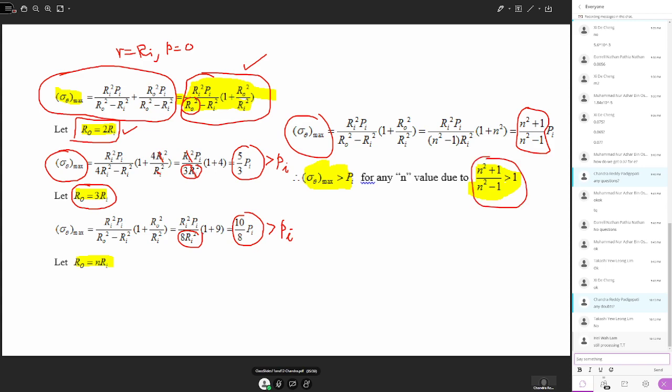Therefore, whatever the outer radius, the maximum tangential stress will always be greater than Pi, the inner pressure. It is impossible to build a thick cylinder that reduces the maximum tangential stress below the inner pressure of the cylinder. It is not possible theoretically. The tangential stress will always be greater than the inner pressure.